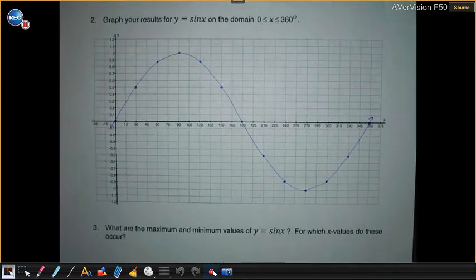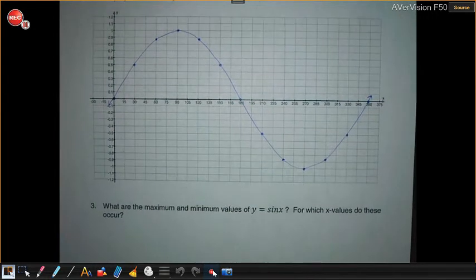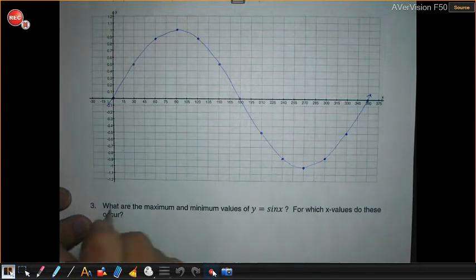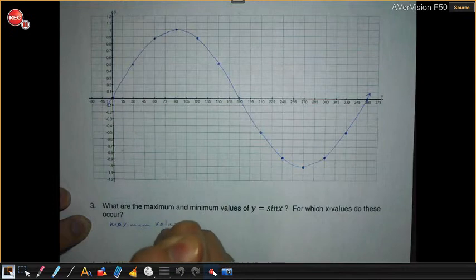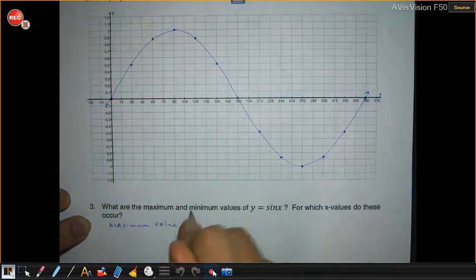Alright, so based on this basic sine curve that we just graphed, we're going to analyze it. It asks us what's the max and the min value of y equals sine x, and for which x values do these occur? So the maximum value, or the highest point, is 1.